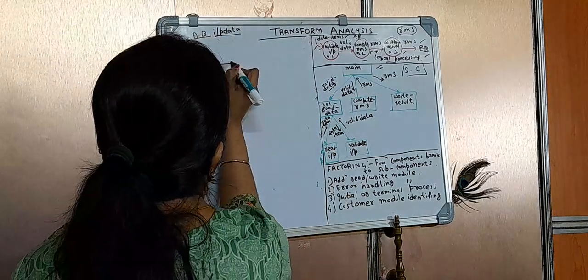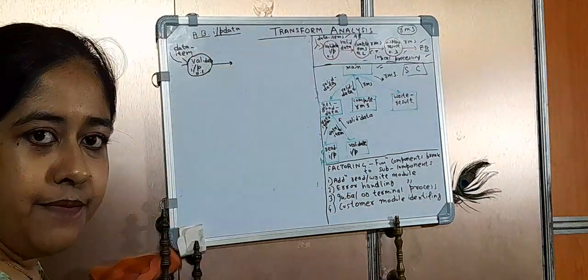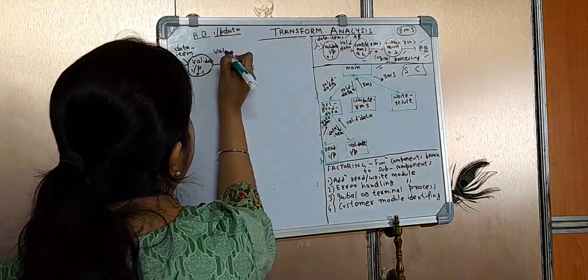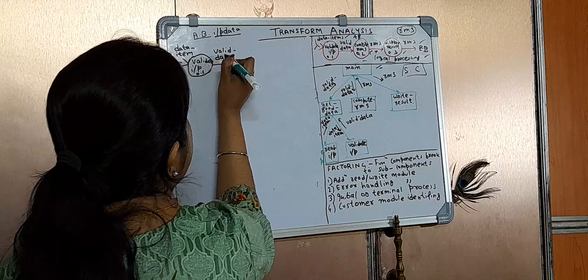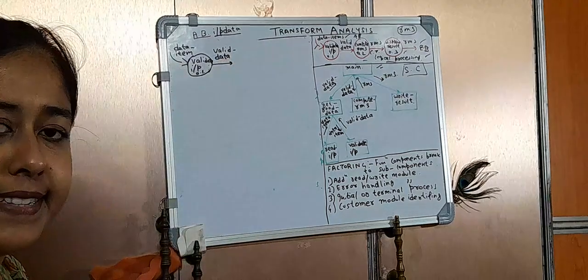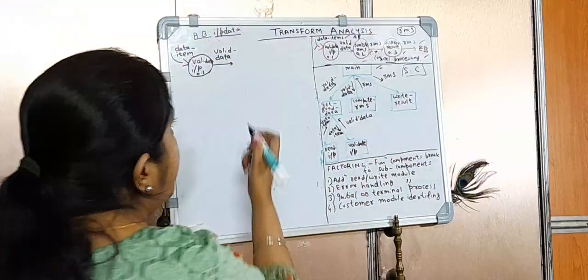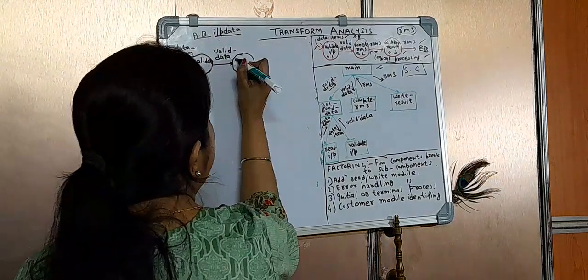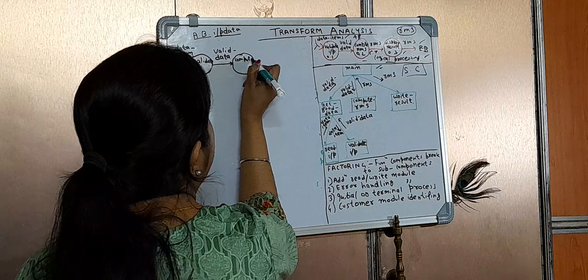Then, when I get that valid data, it will flow to the next bubble, that is my next function. What is my function now? Compute RMS.